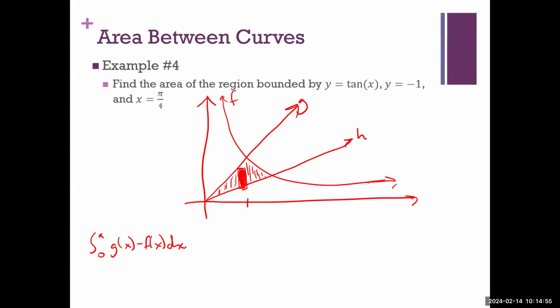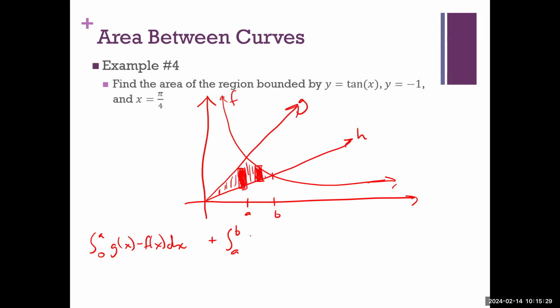What about what happens to the right of A? We'll call this crossing point A and this crossing point B. So from A to B, what would this integral look like? If I draw a rectangle in here, what gives the upper and lower boundaries for it? Shouldn't be G as the upper boundary anymore.